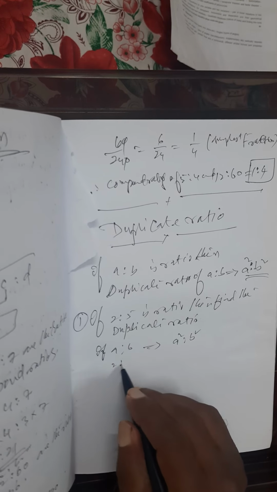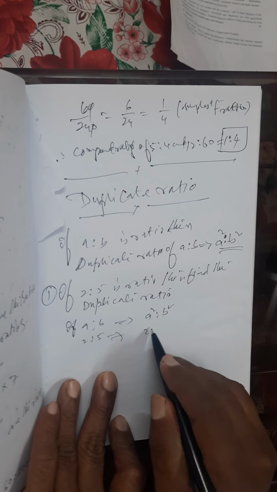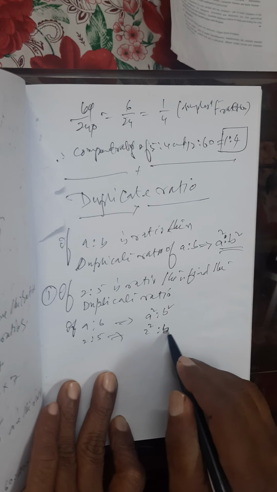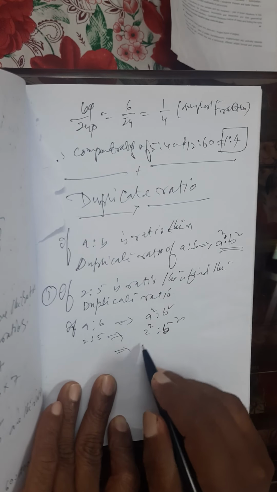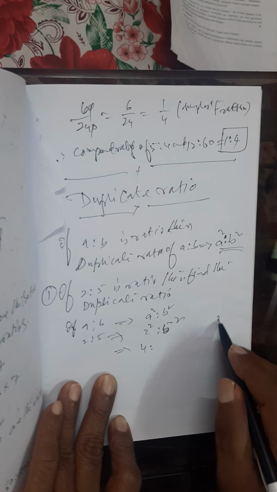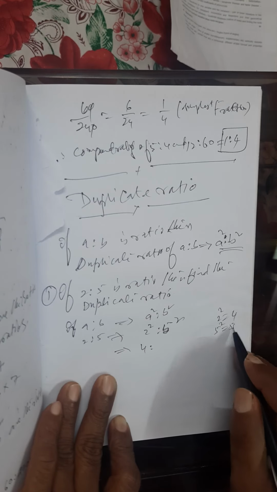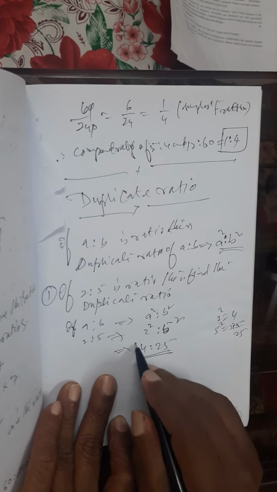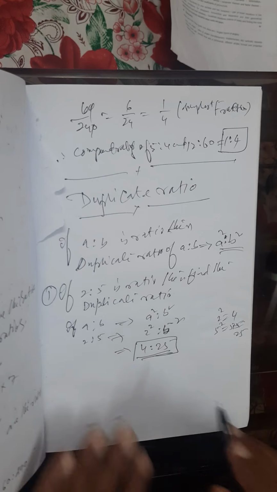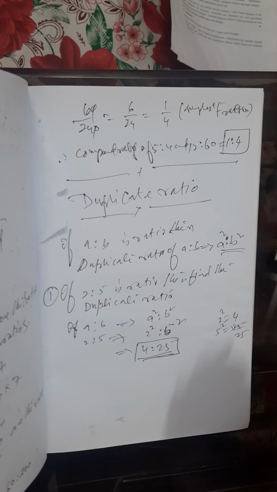So here 2:5 is there. 2 square is to 5 square is the solution. 2 square is 4, 2 2s are 4. 5 square is 5 5s are 25. This is called the duplicate ratio of 2:5.